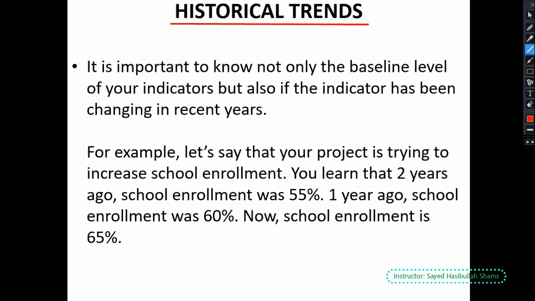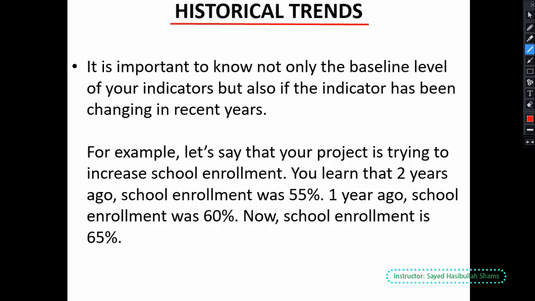And now that you would like to implement this project in 2023, in 2022 the school enrollment was reported, for example, 65%. And we know that the people get project and motivation. So for 2023, the school enrollment will be 70%.